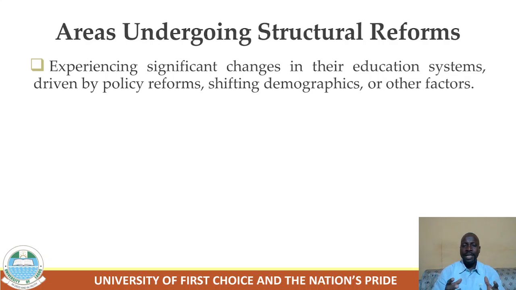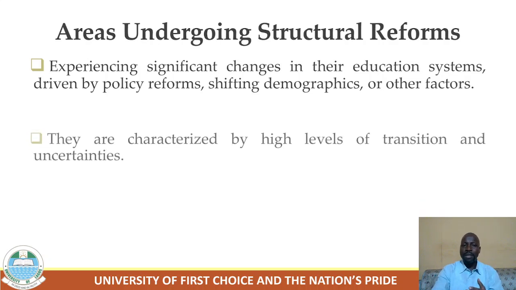And at that time, that policy led to reorganization of schools, creation of additional schools from the existing schools. And of course, it also led to the promotion of some people to be school principals. So that is a typical example of areas that are undergoing structural reforms, because there are significant changes in the education system of those areas that are driven by policy reforms.